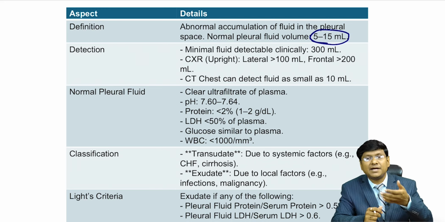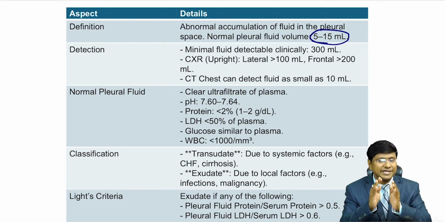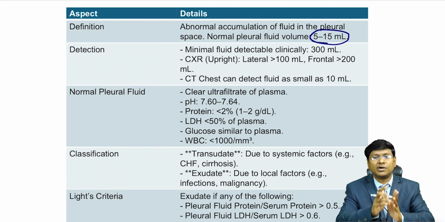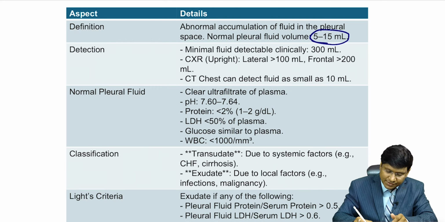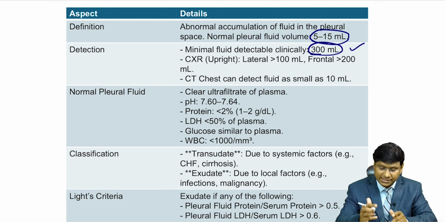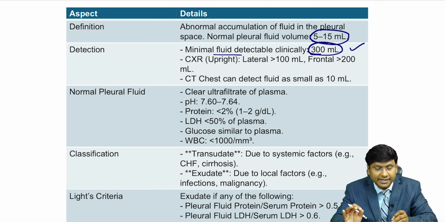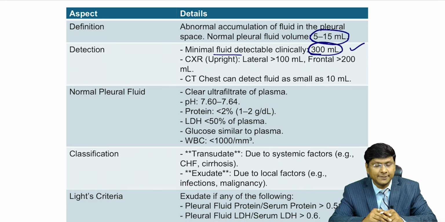So abnormal accumulation of fluid in the pleural space is called pleural effusion. To detect it clinically, the fluid in the pleural space should be around 300 ml. So the minimal fluid detectable clinically is around 300 ml.